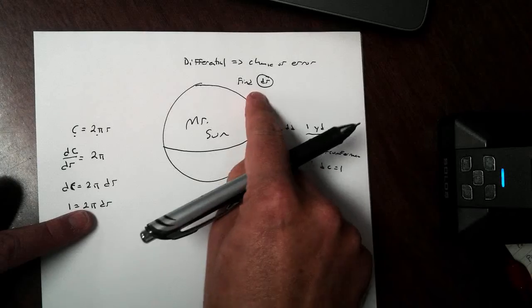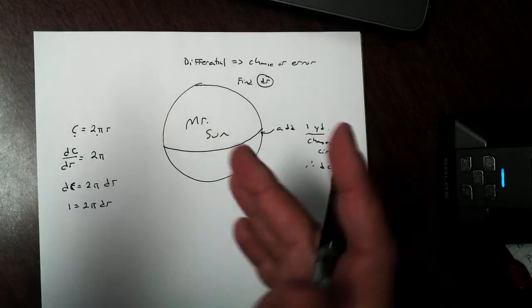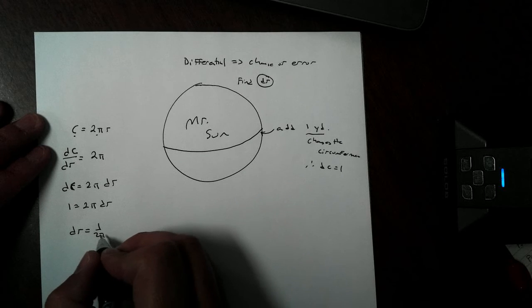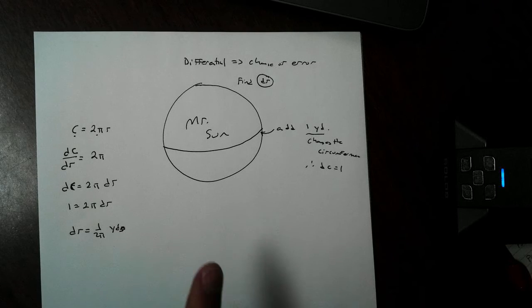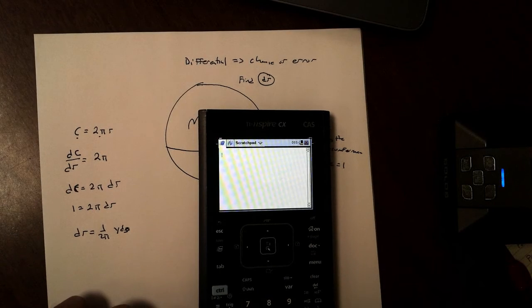I want to find how much my radius will change. dr would be 1 over 2 pi yards. Now that doesn't seem like much, but let's see what that turns out to be. If I take my ever-trusting calculator, I take 1 divided by 2 pi, I press enter.